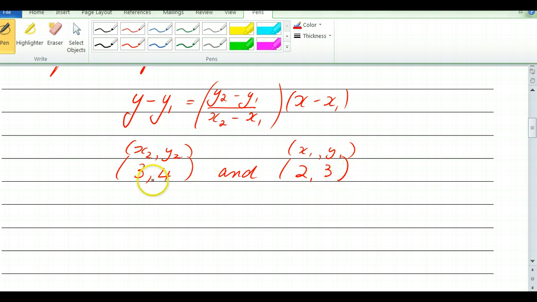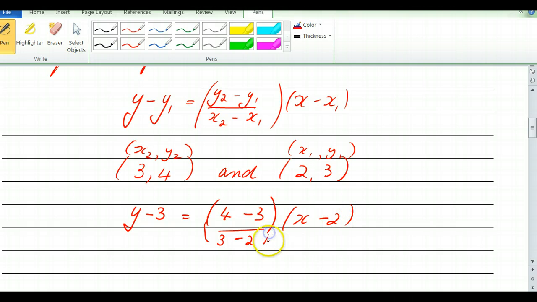Now all we have to do is simply substitute these numbers into this formula. So let's do that. y minus y1, now y1 is 3, equals y2. y2 is 4 minus y1, y1 is 3, over x2. x2 is 3 and x1 is 2. x minus x1 will be x minus x1, x1 is 2.